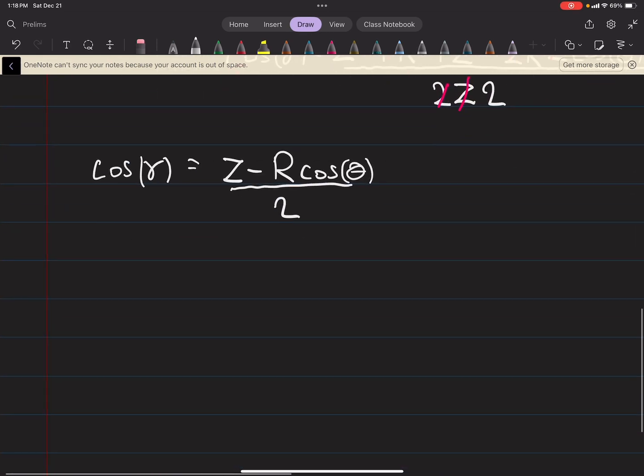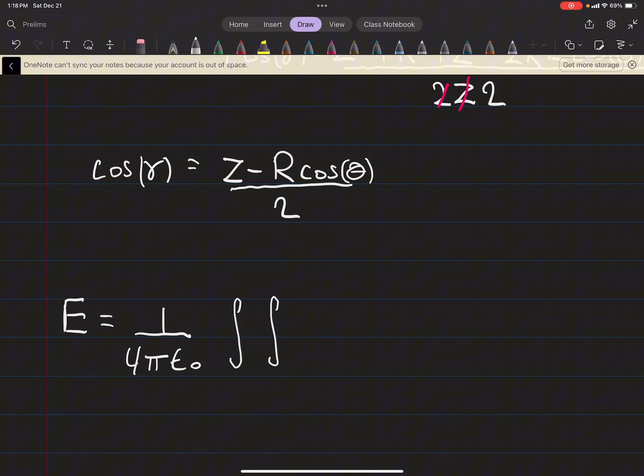We're going to put in a cosine of gamma, which we just solved for. So then what is our electric field? Our electric field, we have our constants out front, of course, 1 over 4 pi epsilon naught. We're integrating over an area, so it's a double integral from 0 to pi, 0 to 2 pi.